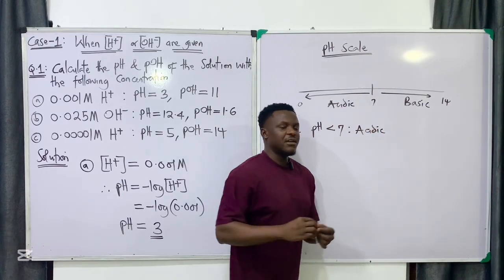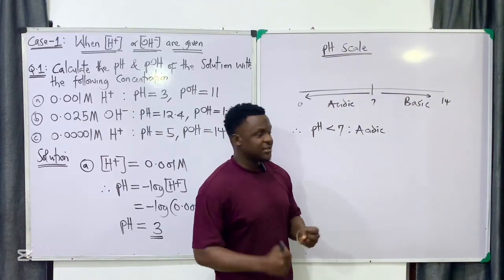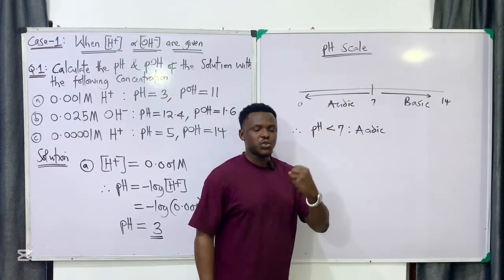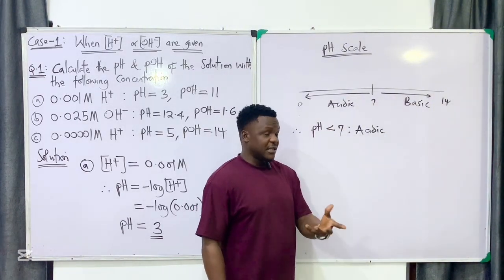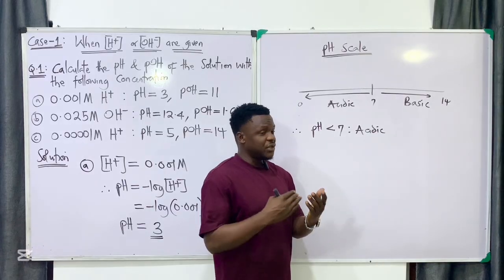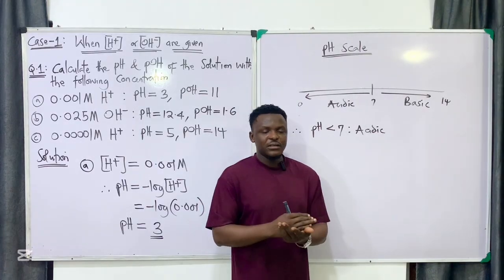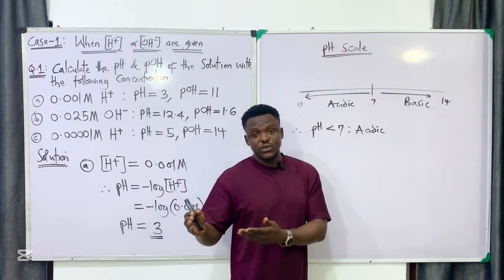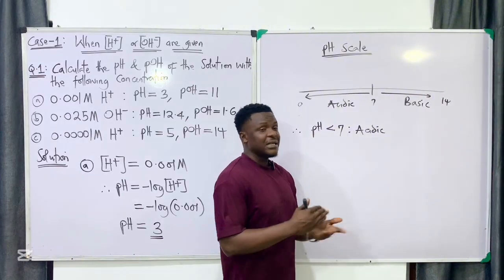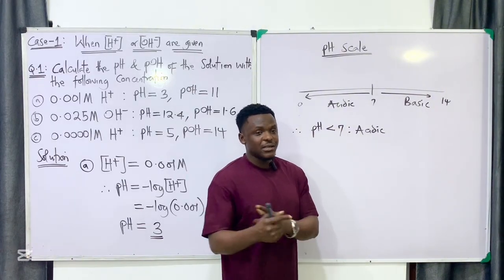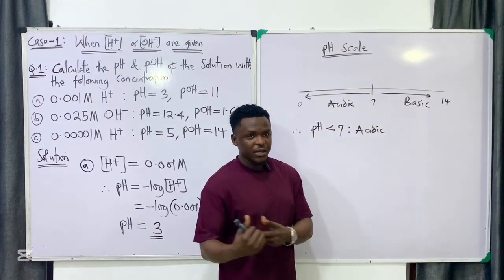The smaller the value of the pH, the stronger the acid. A pH of 1 is stronger than a pH of 2. That means if a solution has a pH of 1 and another has a pH of 2, the one with a pH of 1 is more acidic than the one with a pH of 2. Okay?